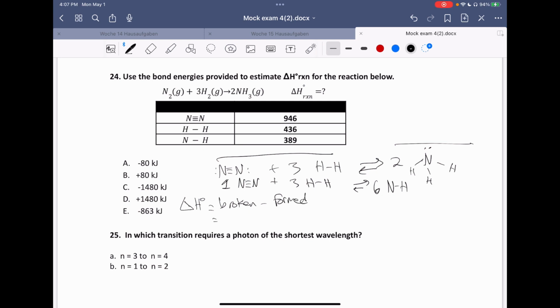So we have a single triple-bonded nitrogen bond, so 946, plus we add up all the bonds broken, 3 H-H bonds, which is 3 times 436, minus the 6 N-H bonds that are formed, which is 6 times 389.